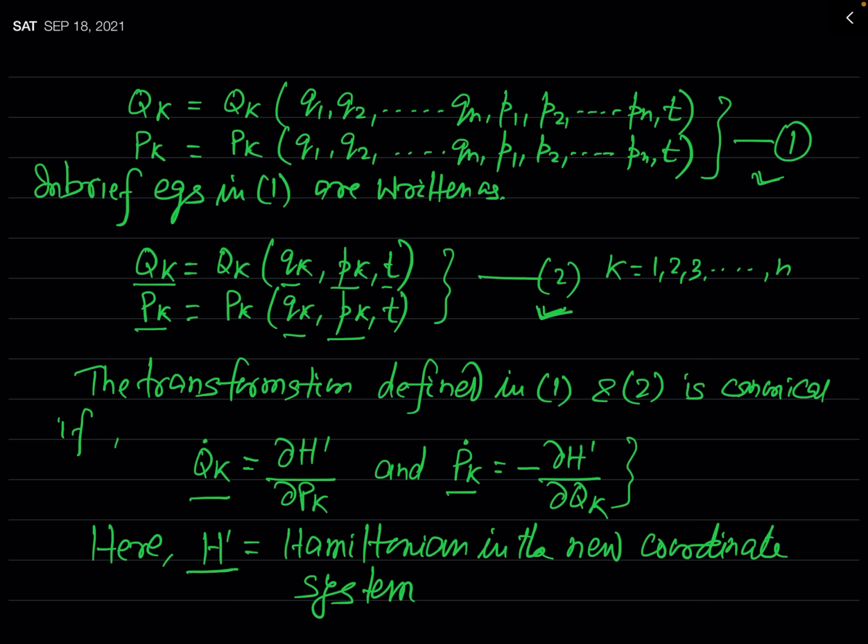Now, as the Hamiltonian is different in the new coordinate system from the old coordinate system, you can also say that the Lagrangian of the system will also be different from the old Lagrangian.